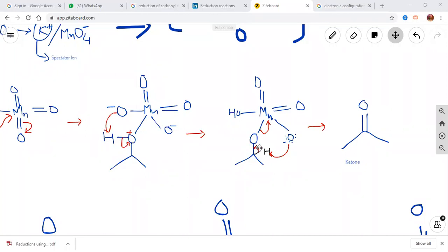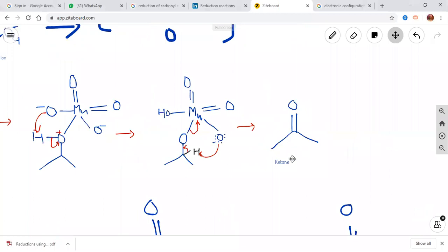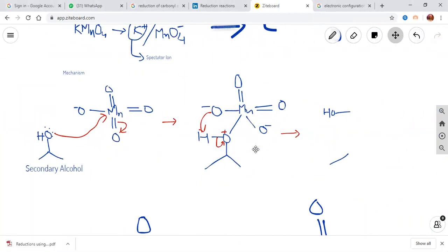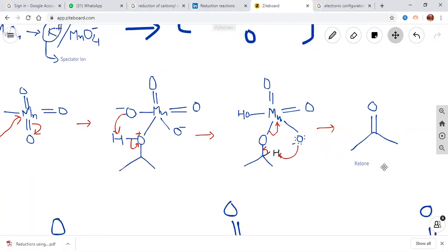And this bond breaks and collapses to the manganese, and we get a product, ketone. So we can say secondary alcohols get converted to ketones.